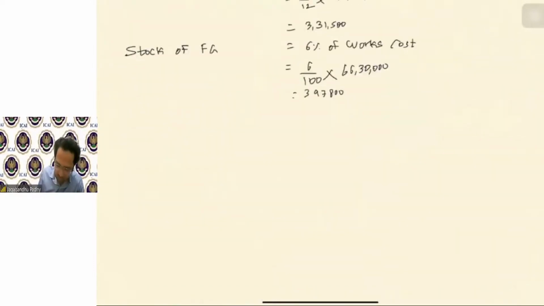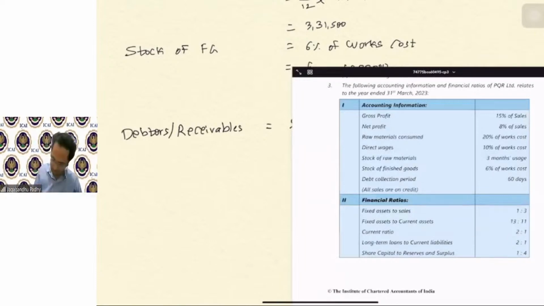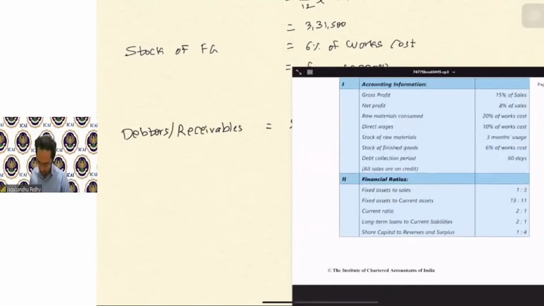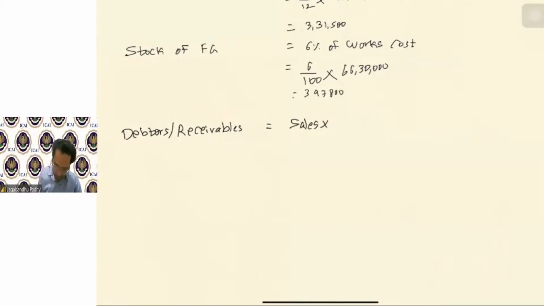So we can say the value of debtors, or you can say just the closing debtors or receivables, will be sales into 60 days. Is there anything specified as to whether we need to take some other number of days? No, nothing has been specified. So we can say sales into 60 divided by 365.